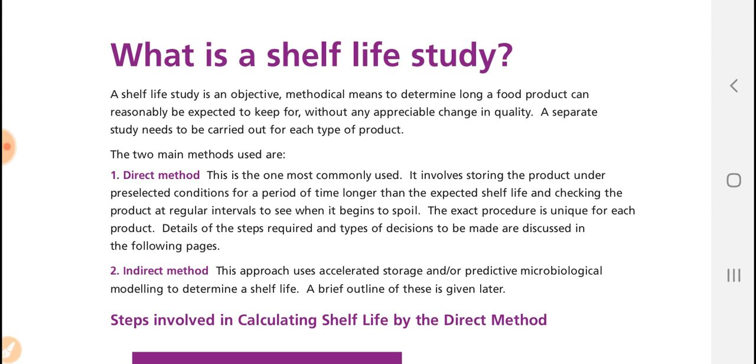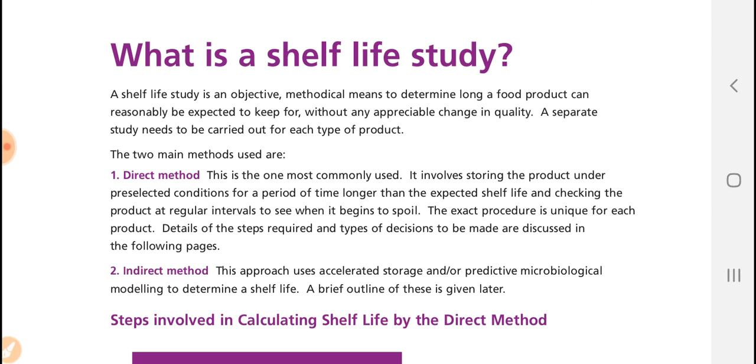This is one of the methods in accelerated conditions, and based upon some calculations you can analyze how long the food can be stored, because this indirect method is basically performed for those products which have a long shelf life.